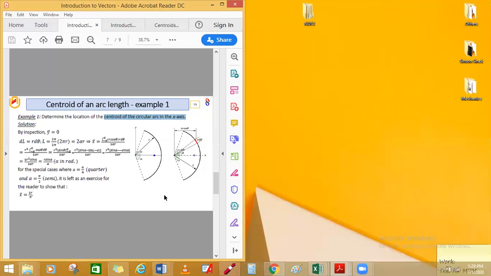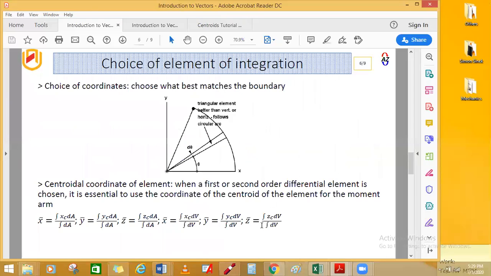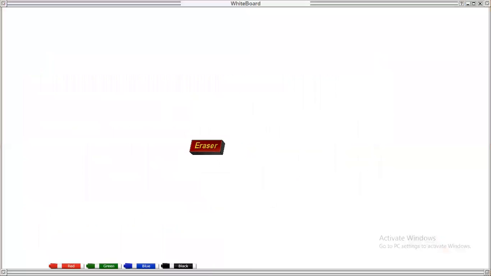These formulas we are referring to here. Because you are focusing on the x centroid, this equation is the one you're going to have to use for that question.